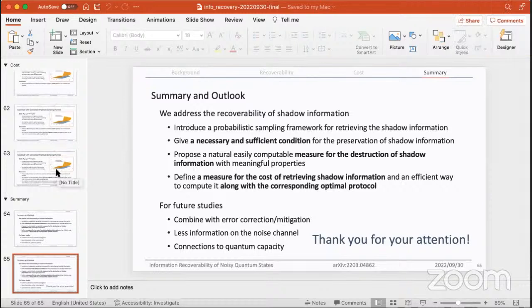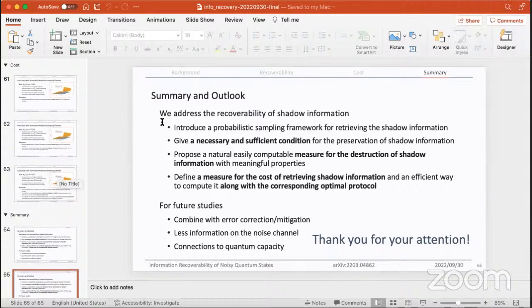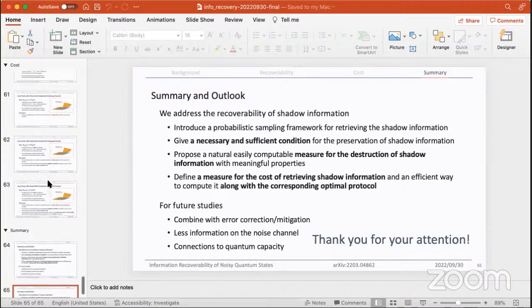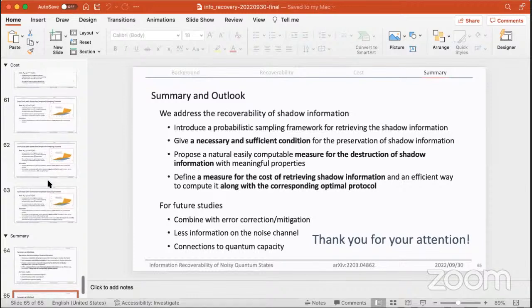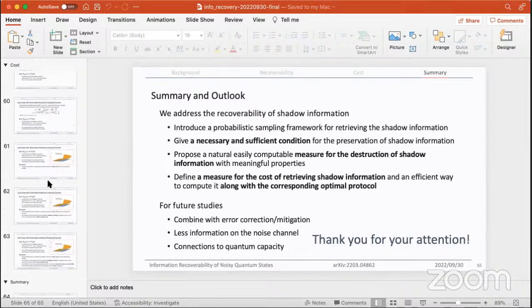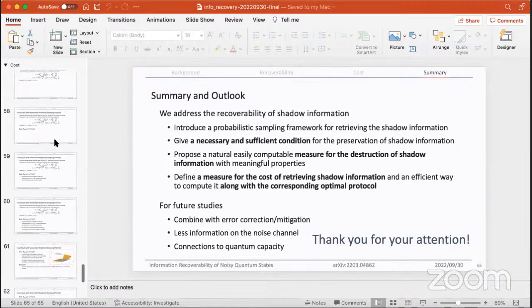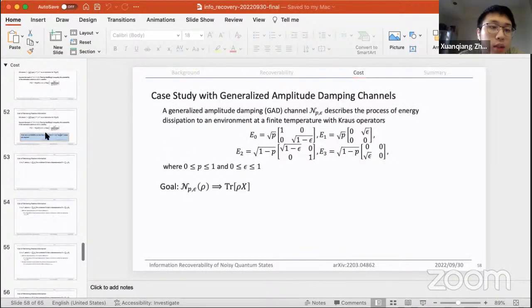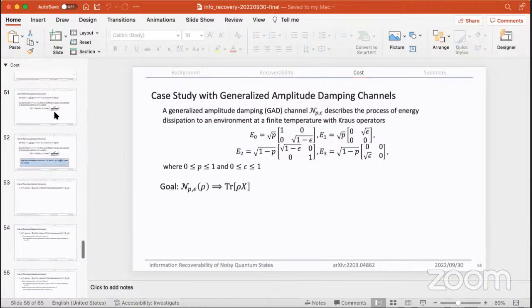Can I ask a question? Yes, please. I'm wondering how do you decompose the retriever map D? How do I decompose the retriever? Yes.